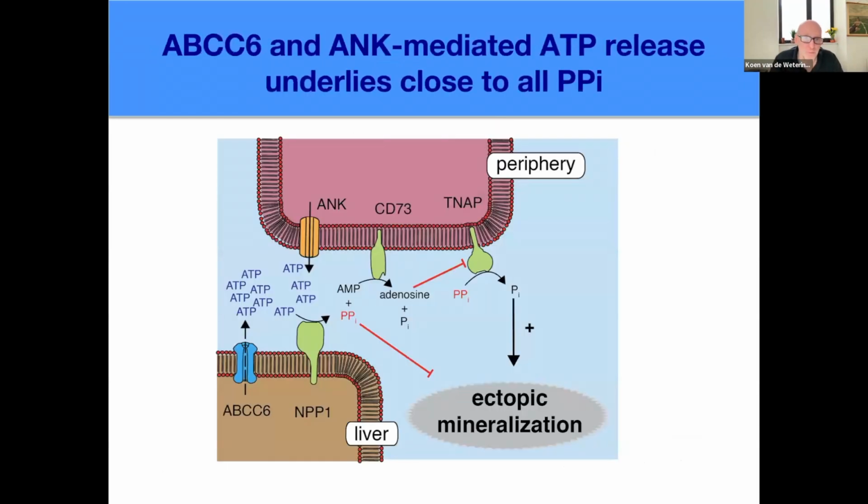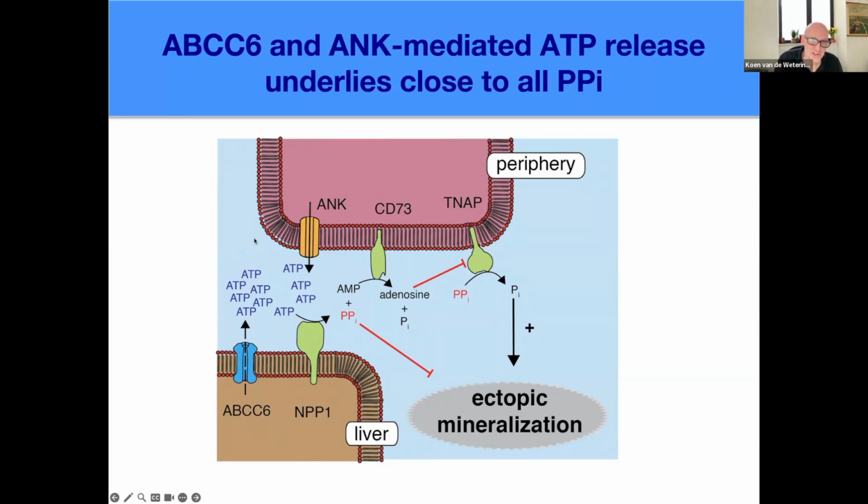So we now have updated our schematic overview of how ABCC6 and ENK participate in the regulation of pyrophosphate in the blood. ABCC6 in the liver is involved in the release of ATP into the blood. In other organs, because ENK is present in many different tissues, it can also contribute to the release of ATP into the blood.